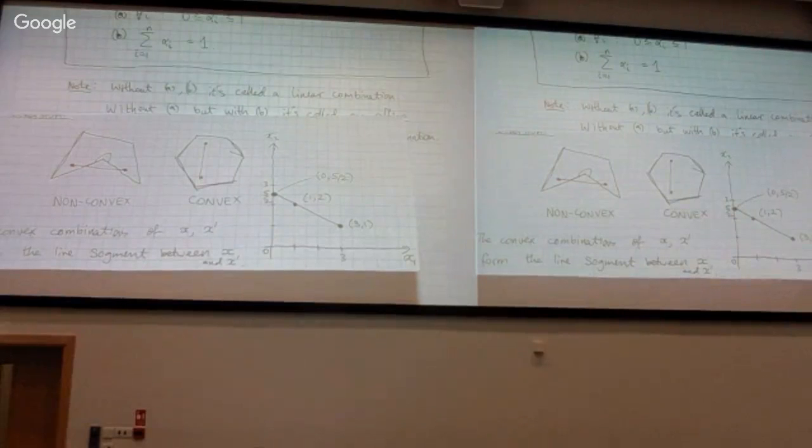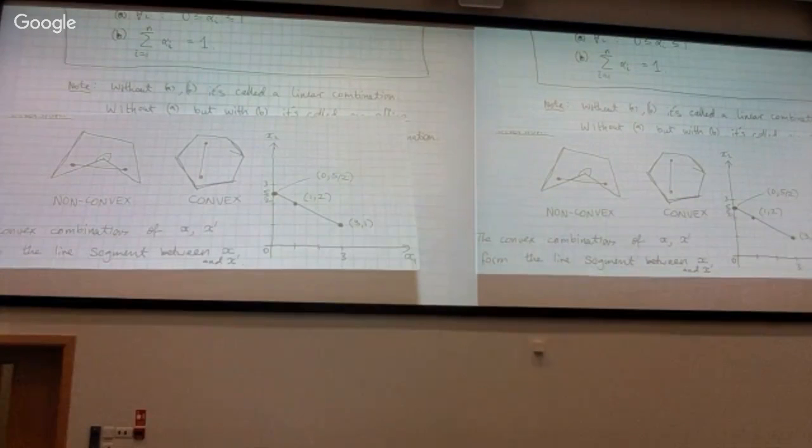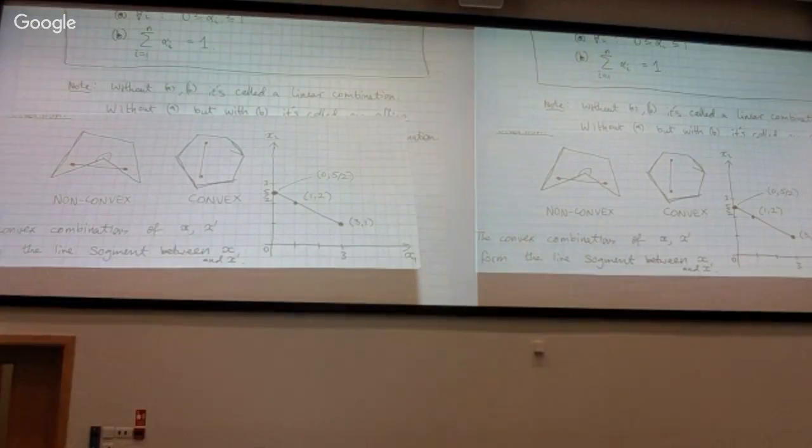What are all the linear combinations of them? Basic linear algebra. What are all the linear combinations of these 2 points? 0, 5 over 2 and 3, 1.